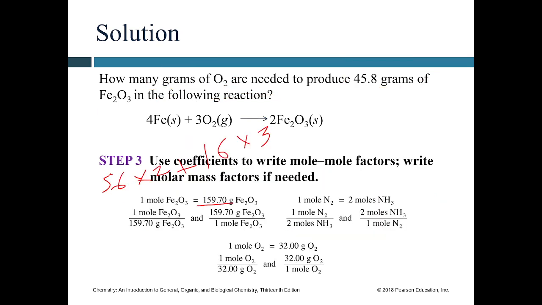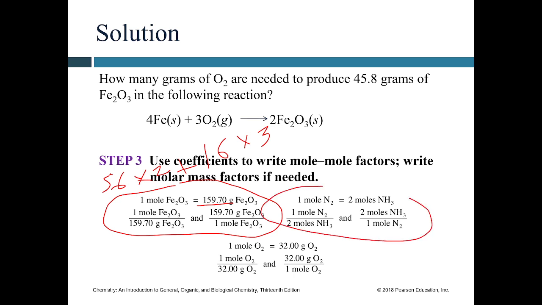The next thing I do is I go ahead and make those steps. I need molar masses, don't I? I need a mole ratio, and I need another molar mass. And so I get the molar mass for Fe2O3 here. Then I'm going to get the mole ratio.